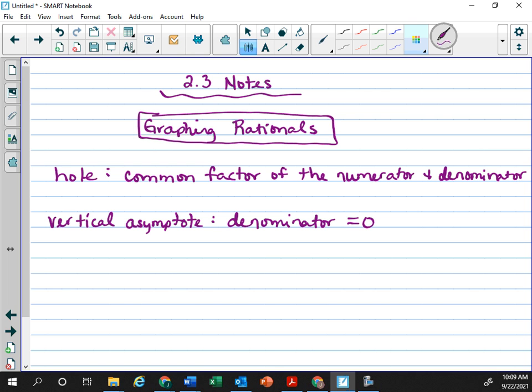Usually you're going to factor and then set your factor from your denominator. I think those you guys are pretty good at. It's the horizontal asymptotes that we kind of mix up every once in a while. So do those next.